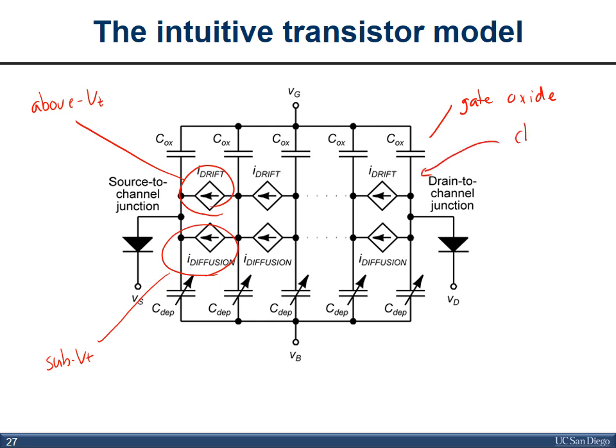This is the channel, effectively, this node in the middle here. This is the substrate. The junctions are modeled basically based on diodes, and it gives a nice intuitive feel for how a transistor works in all regions of operation. So again, if you want to learn a little bit more about this, I recommend taking a look at the Sarpeshkar text. Okay.